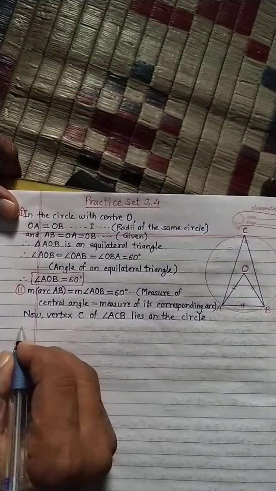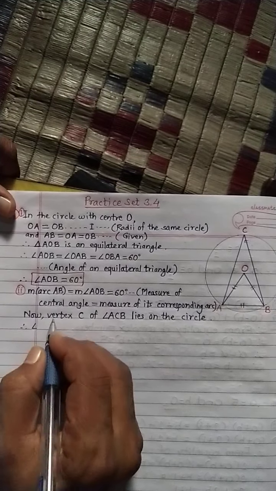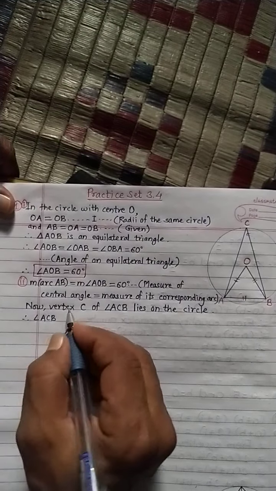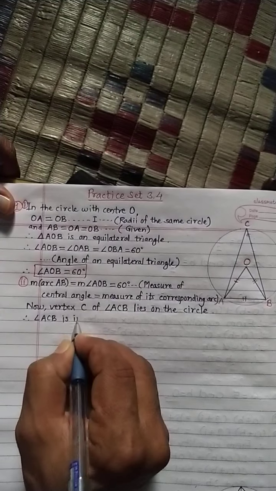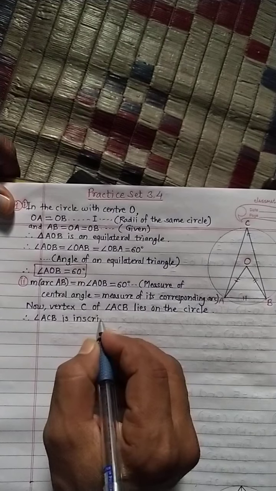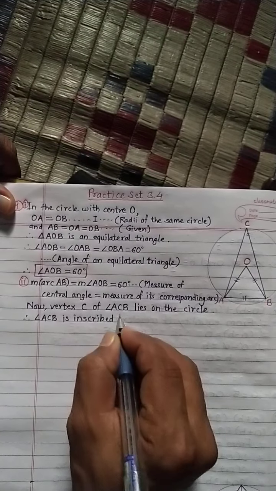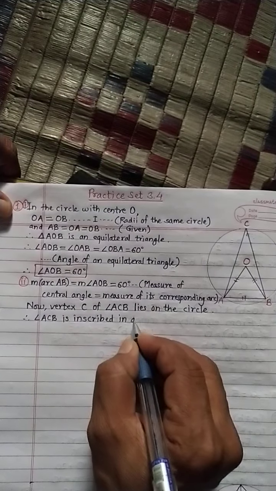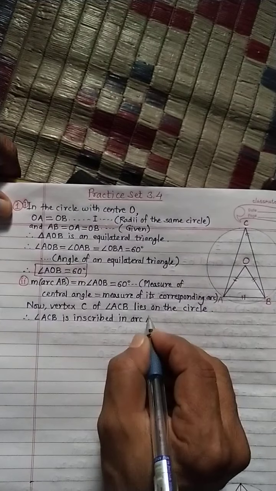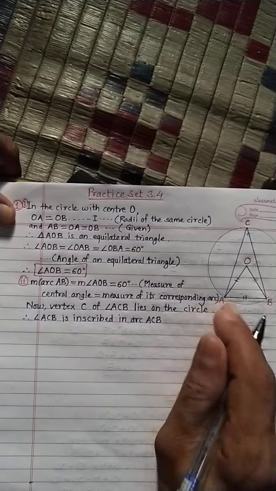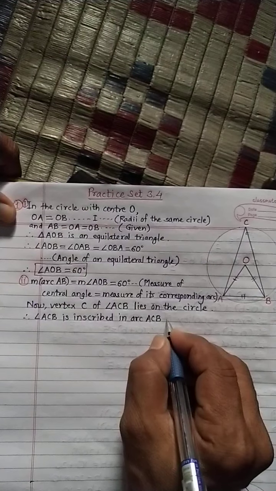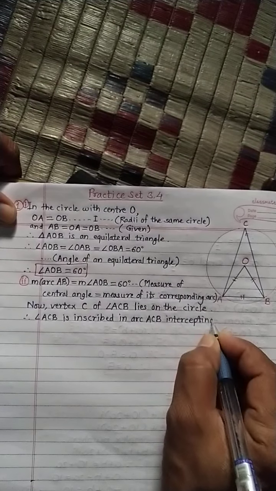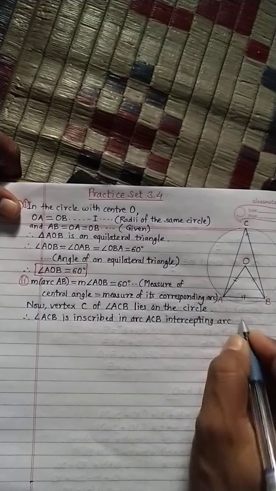So angle ACB is inscribed in arc ACB, intercepting arc AB.